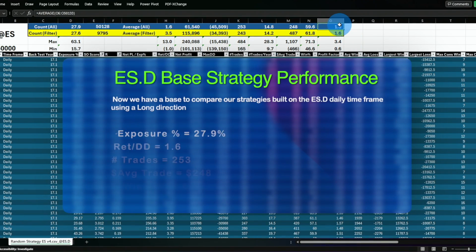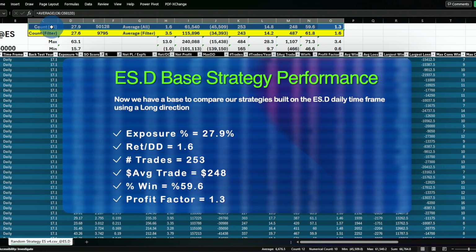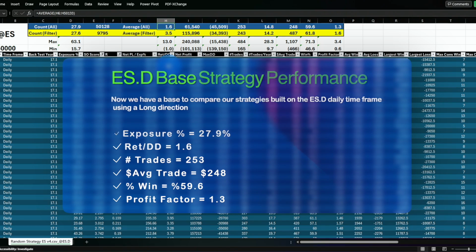So what do we get out of this? Basically, we get the base strategy for the S&P 500. So your strategy in the S&P 500 needs to be at least these numbers in order not to be just luck. I think that is the minimum that you should accept on the S&P 500.